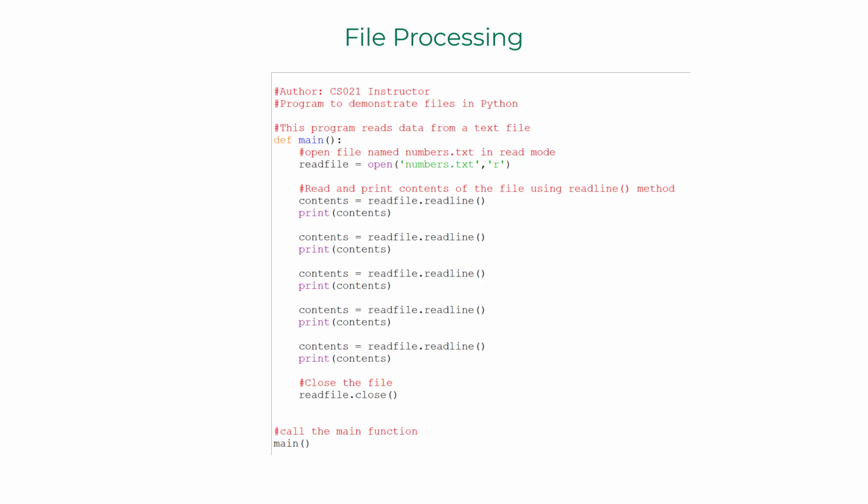Now I will modify this program by reading it line by line. By looking at the program, you might already be wondering that this is not an efficient way of reading contents from the file, right? This code is definitely not generic, as you may not exactly know how many lines are present in the text file ahead of time.